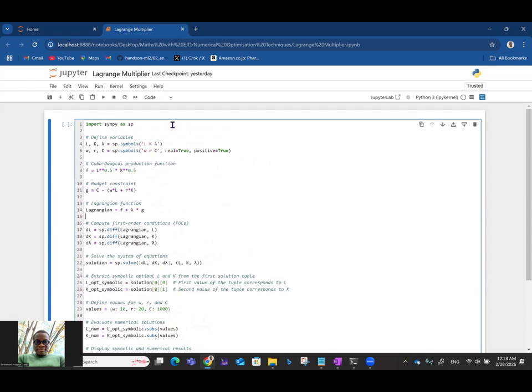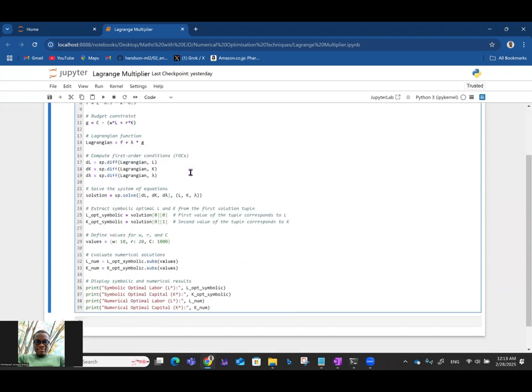We just need SymPy in this case. That's symbolic Python. In lines 4 and 5, we declare the variables we are using: L, K, lambda, W, R, C. These are the symbols we are using. Then we have the Cobb-Douglas equation defined in line 8, the budget constraint defined in line 11, and the Lagrangian defined in line 14.